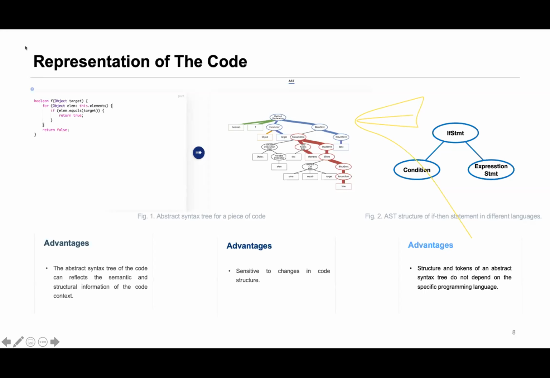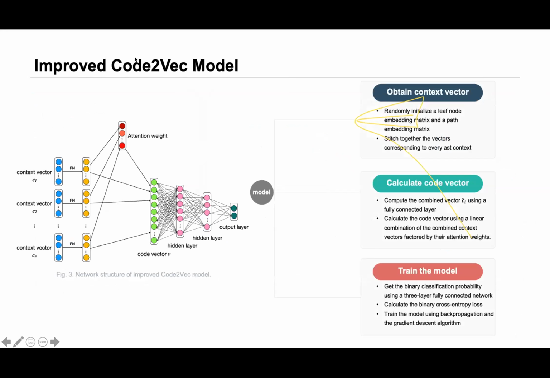The context vector is then computed through a fully connected layer, the weight matrix of which is learned automatically during the training process.